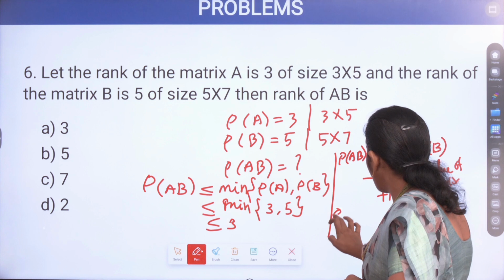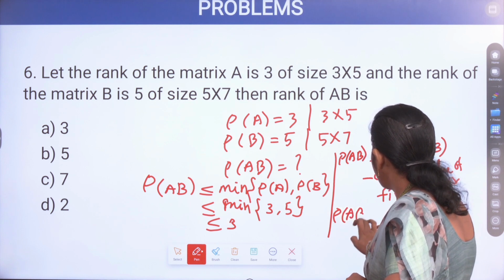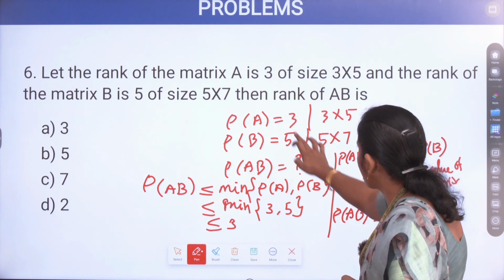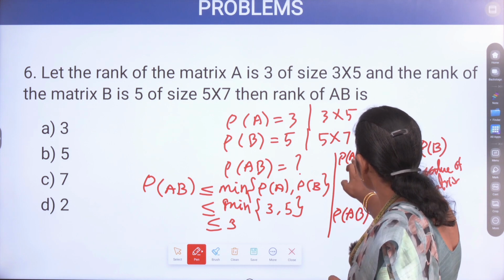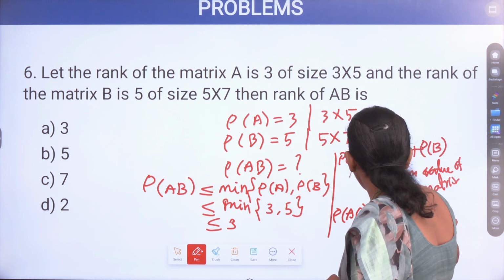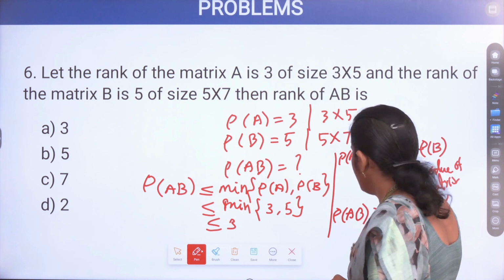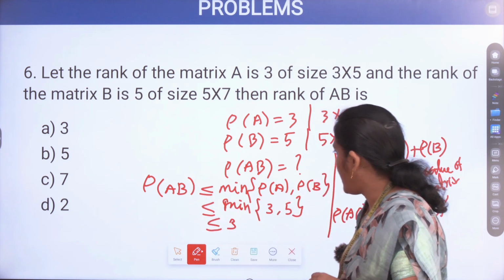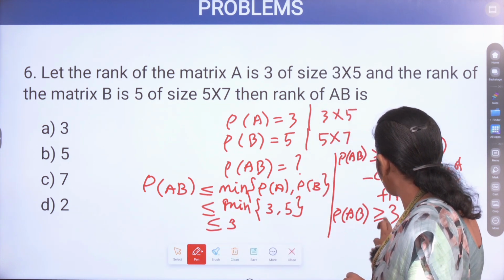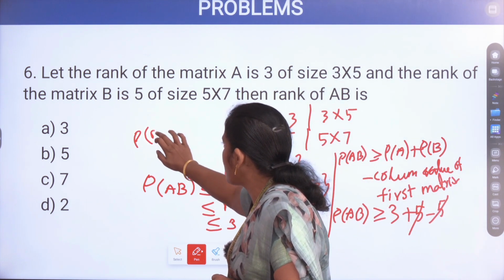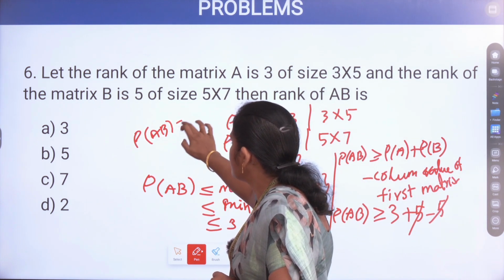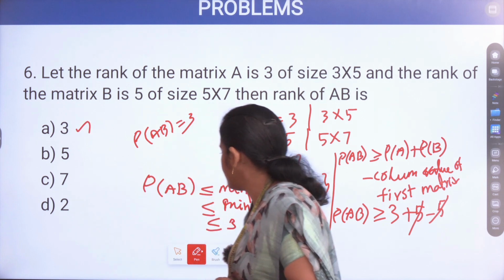So, rank of AB is greater than or equal to: the rank of A is 3, rank of B is 5, the first matrix is A, and the column value is 5. So, 3 plus 5 minus 5 is 3. We see that rank of AB is less than or equal to 3, and rank of AB is greater than or equal to 3. Now, we conclude that rank of AB equals 3. So, the answer is 3.